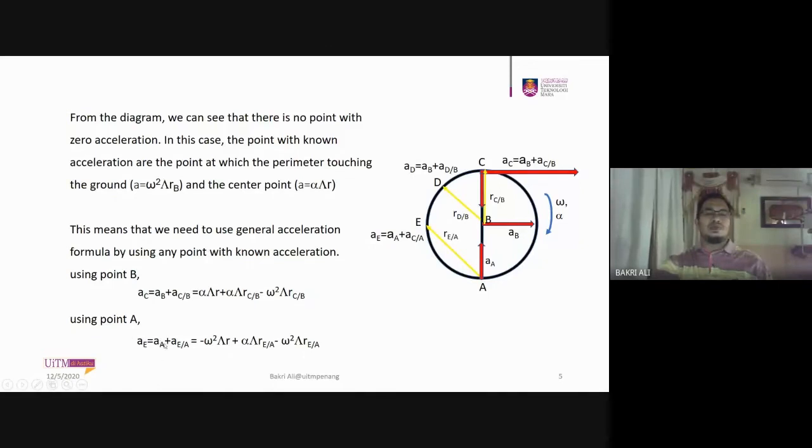AE equals AA plus AE relative to A. We know AA is given by negative omega square cross R, plus AE relative to A given by alpha cross R of E relative to A, minus omega square cross R again of E relative to A. So this is the R of E relative to A, and of course we will have the tangential component and the normal component of E relative to A. If we combine these in I and J, we get AE.